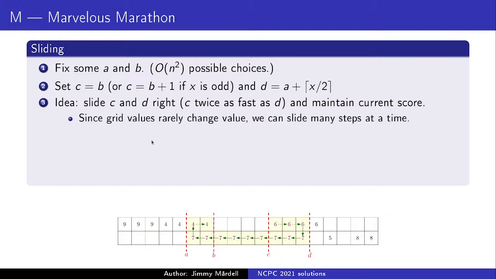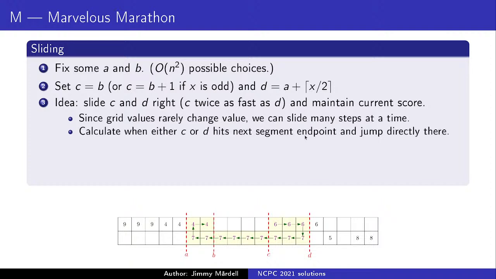Since these grid values rarely change, because there are only a few interval key points where they change value, we can slide large distances at a time. We can quickly calculate when either C or D is going to hit the next segment endpoint and just jump straight there. And we repeat this until D reaches the end of the road.